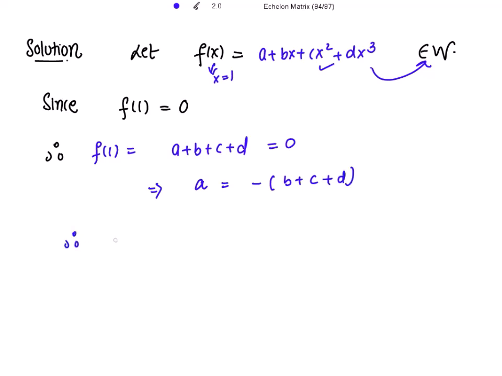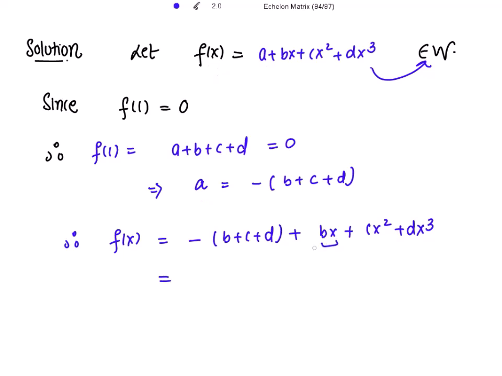Therefore, if I write f(x) again, writing a as this, that is -(b + c + d) + bx + cx² + dx³, which can also be written as follows.